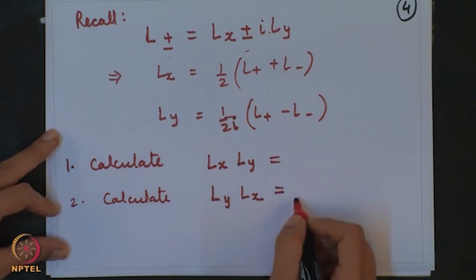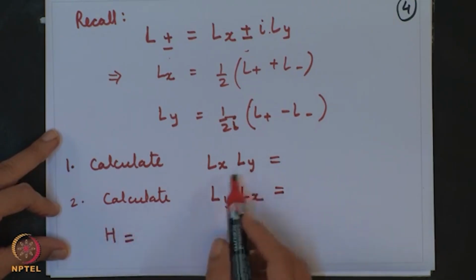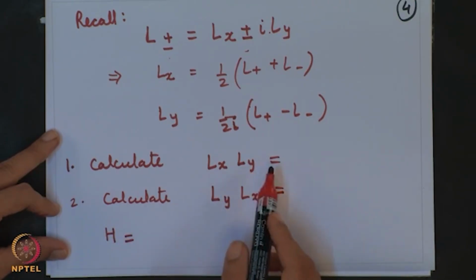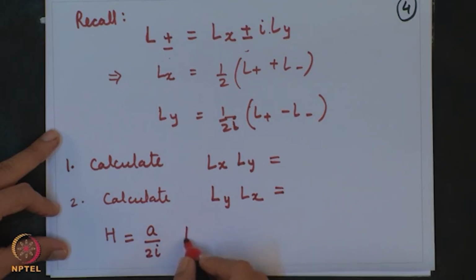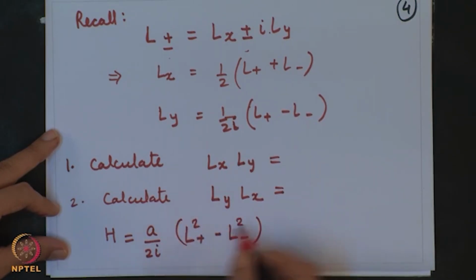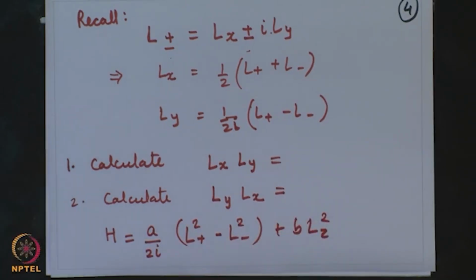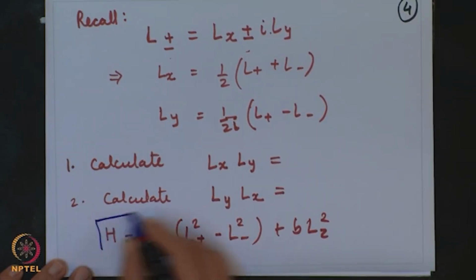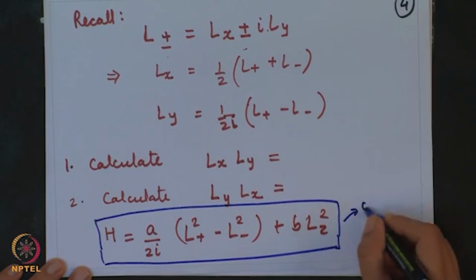You have to obtain these two and then rewrite the Hamiltonian in terms of the ladder operators. So, what you get after doing all this, just check whether you are convinced with this result. You must check this result.